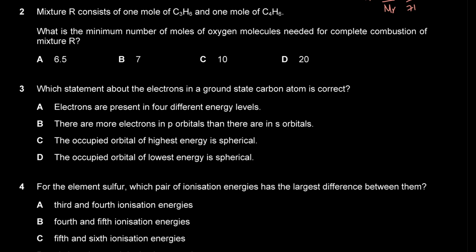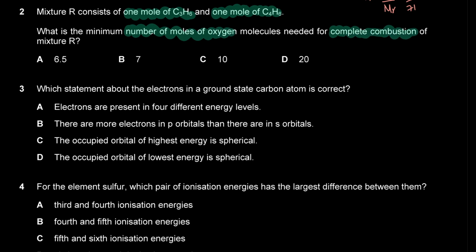Question number 2 says mixture R consists of 1 mole of C3H6 and 1 mole of C4H6. What is the minimum number of moles of oxygen molecules needed for complete combustion of mixture R? So in mixture R, we have 1 mole of C3H6 and 1 mole of C4H6. Okay? And we want to figure out how many moles of oxygen we need for complete combustion.